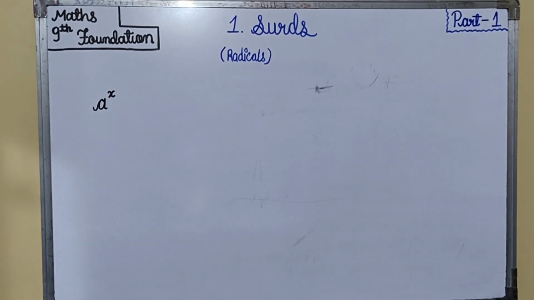Third one is if a is irrational then minus a is also irrational. Fourth, the sum of a rational number with an irrational number is always irrational. Fifth, the product of a non-zero rational number with an irrational number is always irrational.